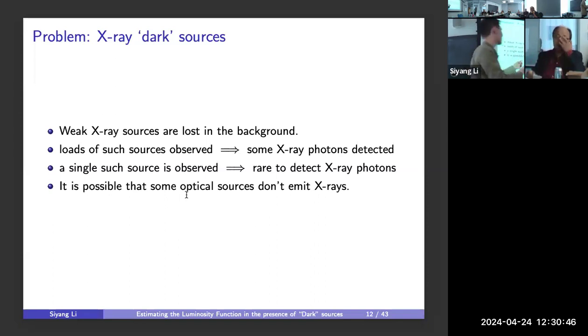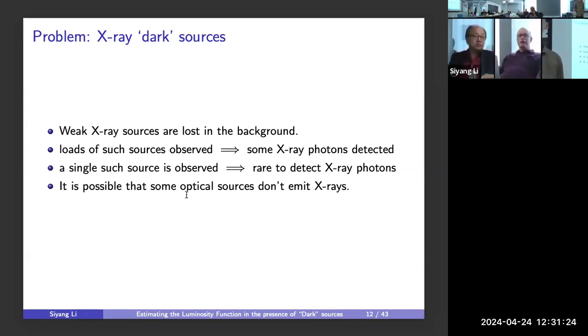The second way is that if we observe lots of such sources at the same time, overlapping with each other, we almost always detect some X-ray photons. But if we only look at a single such source, it can be quite rare to detect an X-ray photon, for example if we didn't observe it long enough and didn't wait for it to emit. Another possibility is that some optical sources just don't emit X-rays at all.